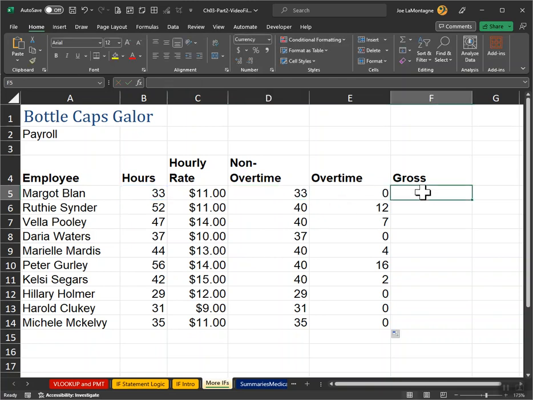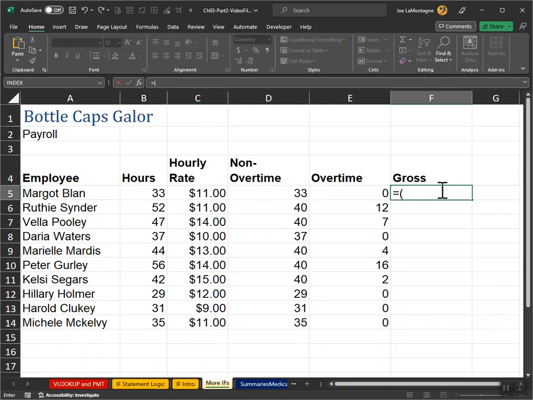So now we're going to do gross. This is going to take their non-overtime hours and multiply it by their hourly rate. And then it's going to add it to their overtime times their hourly rate times 1.5, because they get time and a half. So we will start, and I'm putting in parentheses just so I can separate both the overtime and non-overtime.